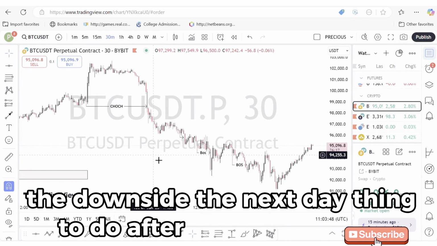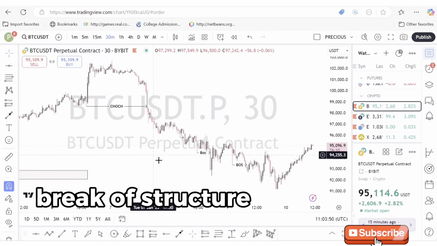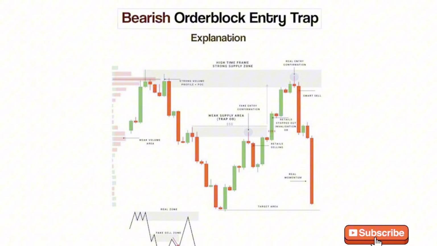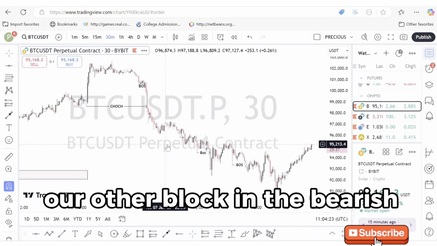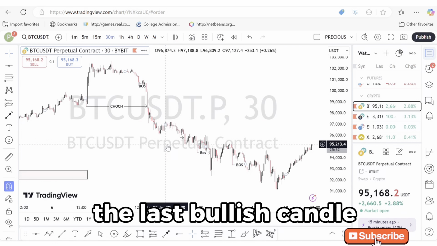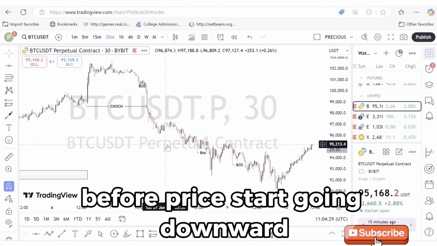Next thing to do after marking out our break of structure is to identify our order block. Our order block in a bearish market is the last bullish candle before price starts going downward.